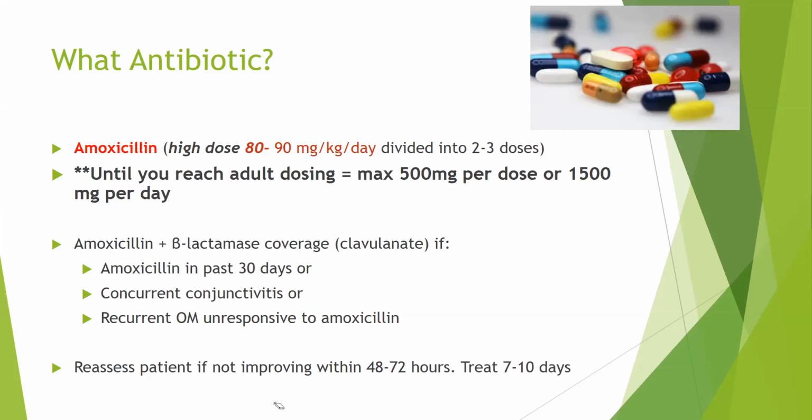If you do start a child on Augmentin, make sure the parent knows the child can get diarrhea. This is not a side effect of the medication, it's just an effect of the medication wiping out your normal bacterial flora, in which case after they complete the antibiotic regimen, they should be treated with a probiotic so that they can reestablish that healthy flora.